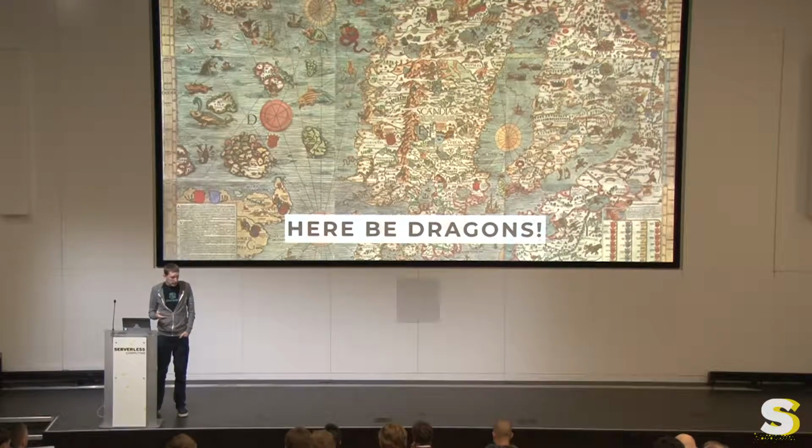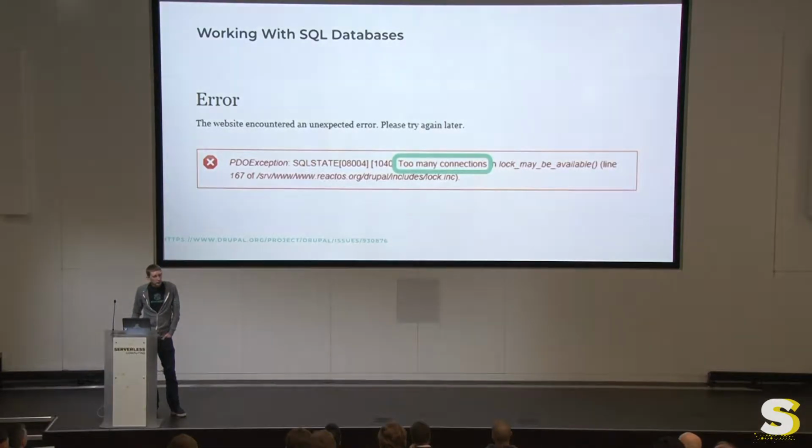So you took AWS's example, you built it, you pushed it out to production. All of a sudden, your users start to tell you that they're seeing errors, or maybe your error monitoring service is telling you this. You see that you're hitting this issue where there are too many connections to the database.